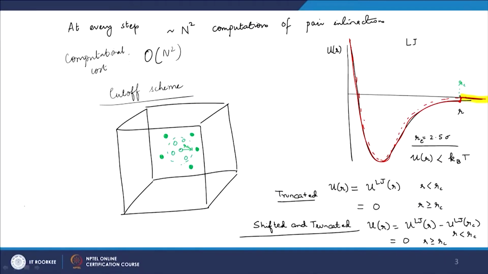Apart from cutting it off in this particular way, there are smarter ways of doing it, which I will not go into details, but if you want to read up, there are more efficient schemes known as Verlet list, cell list. Okay, so that is one of the main things that we have to keep in mind if I want to make my Monte Carlo code very efficient.